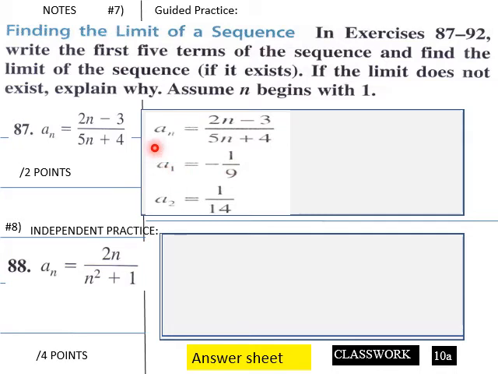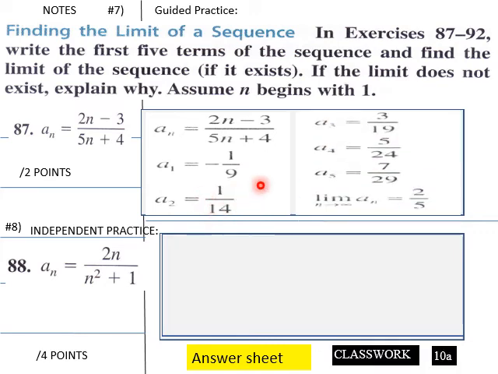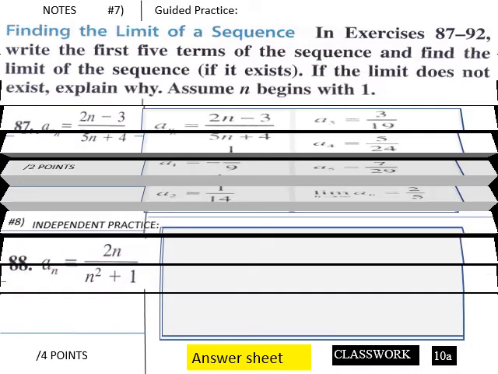Then a1 would equal -1 over 9, a2 would be 1 over 14, and so on. As n goes to infinity, it will become 2 over 5, and you could find that if you graph this in your graphing calculator, it will be 2 over 5. And then this is yours down here, students, so do that.